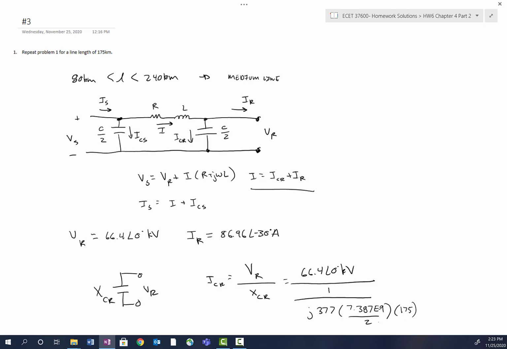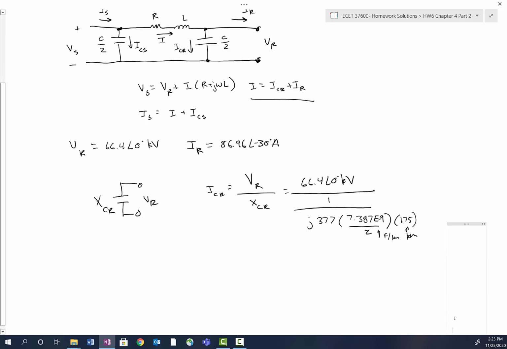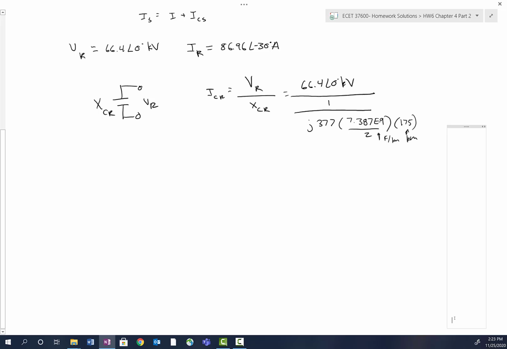Remember, this is farads per kilometer, and that's kilometers right there. So those cancel and give us farads, which is the unit we need to be able to calculate ohms for our shunt capacitor there. So if you do that correctly, you should get a receiving end capacitive current of 16.1799 at angle 90 degrees amps.